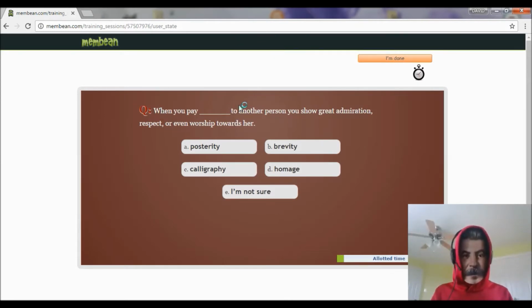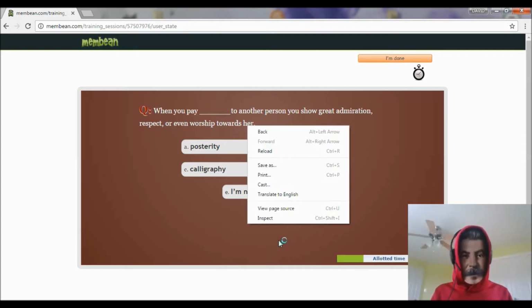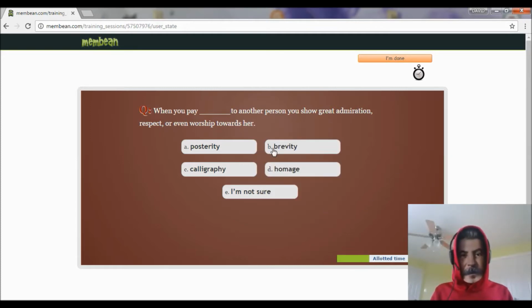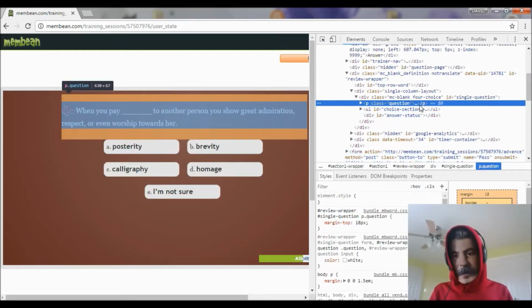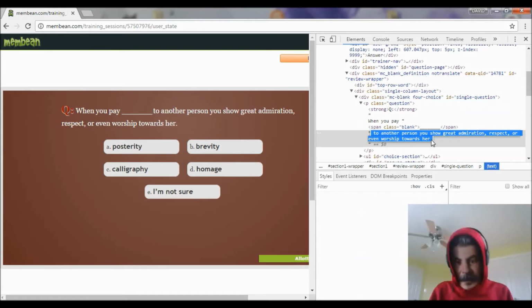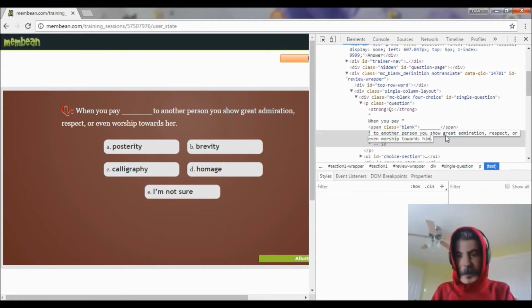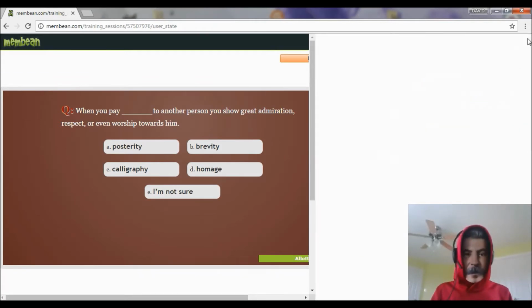When you pay blank to another person, you show great admiration, respect, or even worship towards her. What does he mean by her? That is better.